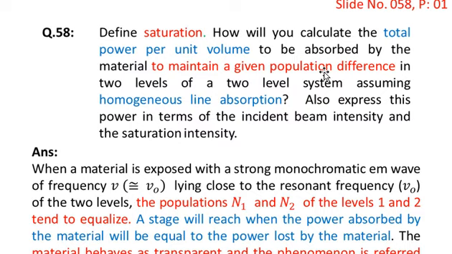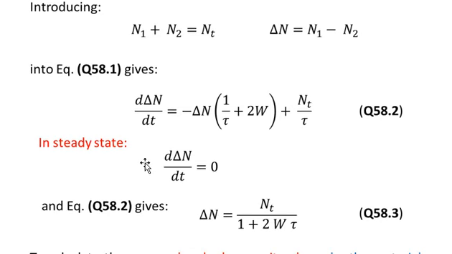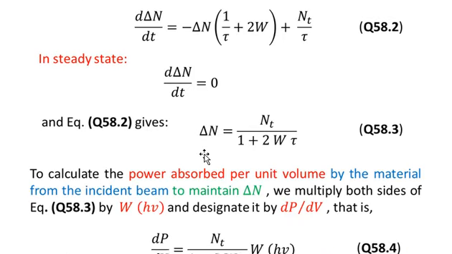If you want to keep this population difference constant with time, then its derivative will be equal to 0 and the steady state will be reached. So we have d delta N over dt is equal to 0. Setting that, we get delta N is equal to Nt over 1 plus 2W tau, as shown in equation number 3.